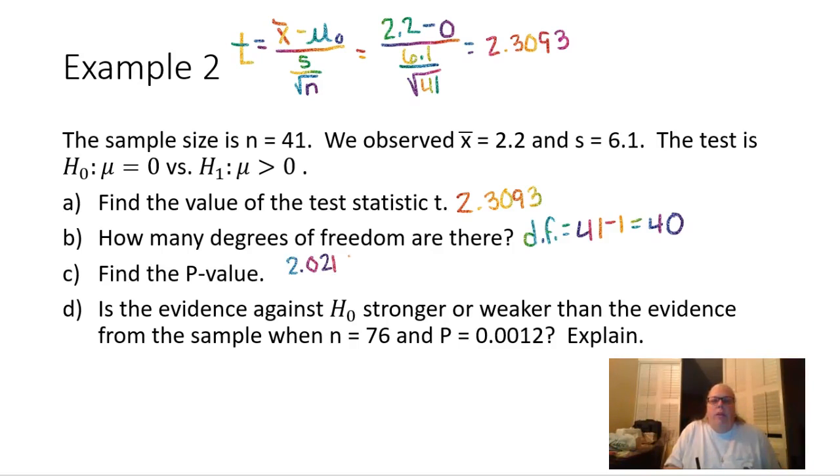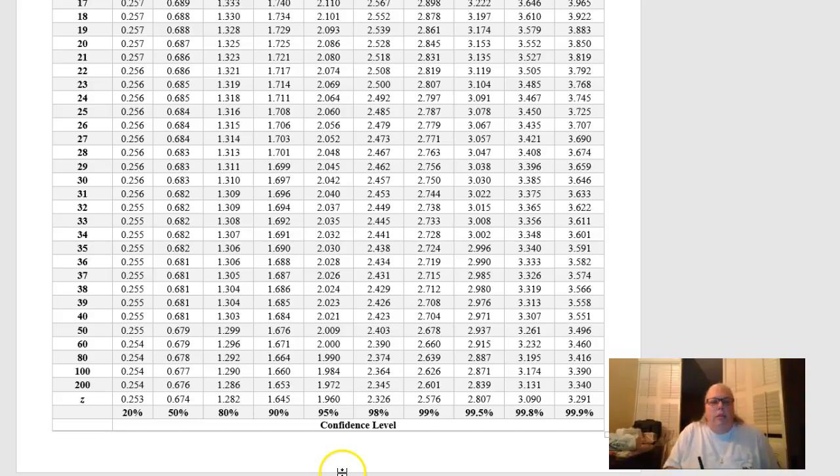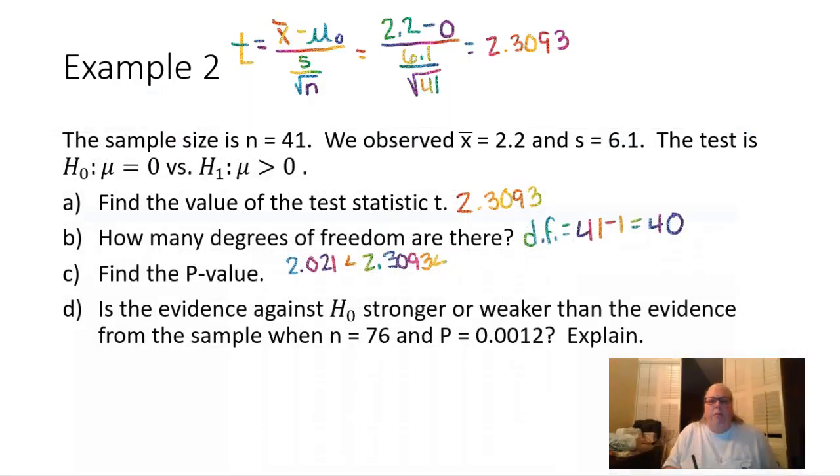2.021 is less than our test statistic, 2.3093, and this is less than 2.423.